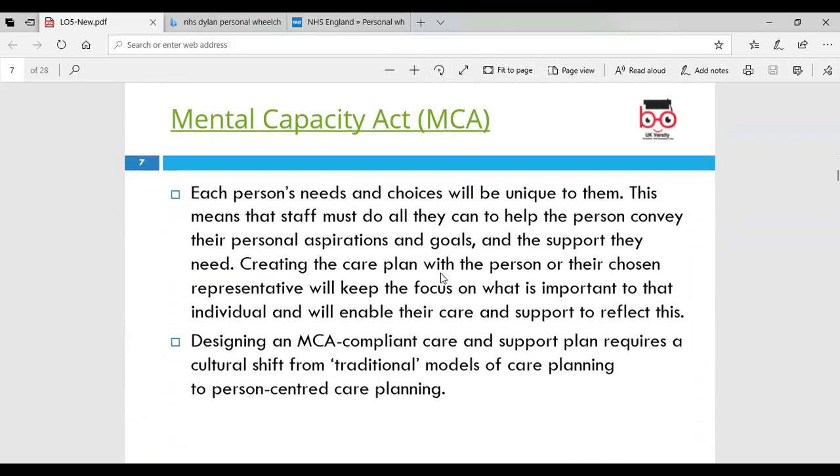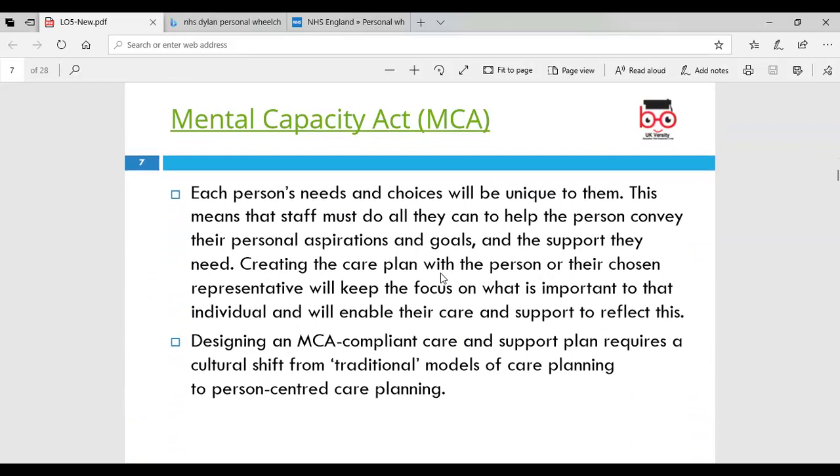We'll talk about the Mental Capacity Act, MCA. Each person's needs and choices will be unique. Different people have different needs. This means that the staff must do all they can to help the person convey their personal aspirations and goals and the support that they need.